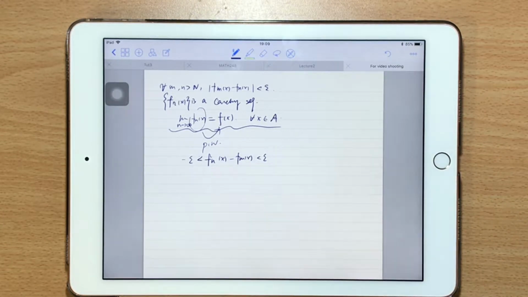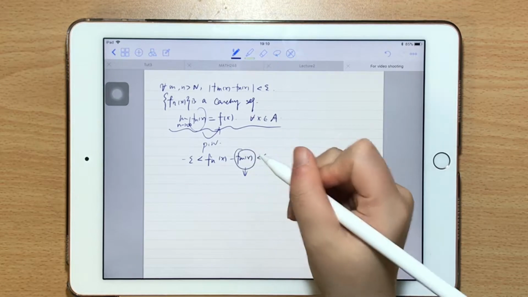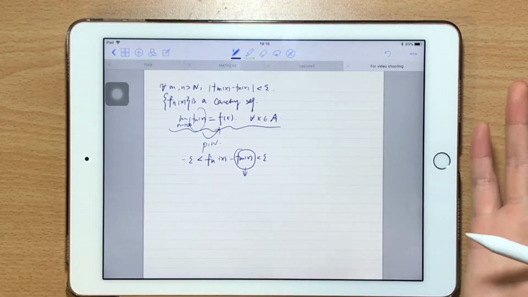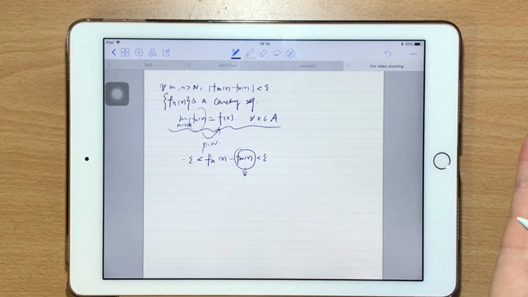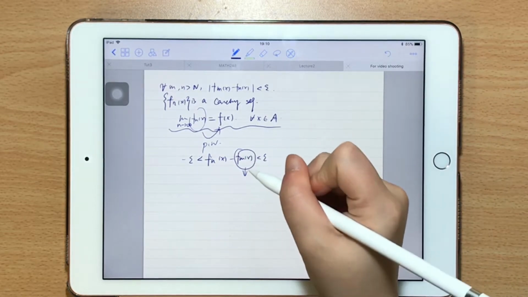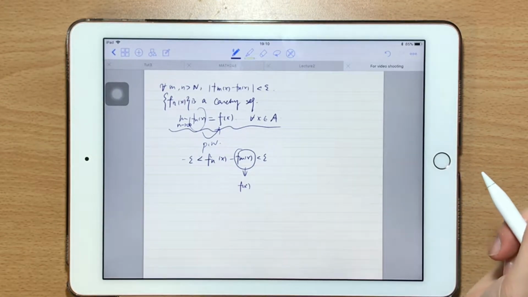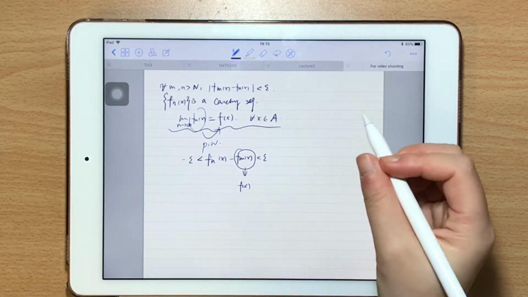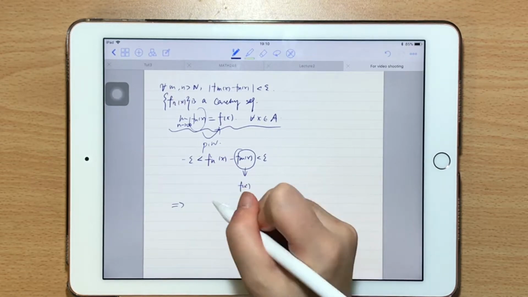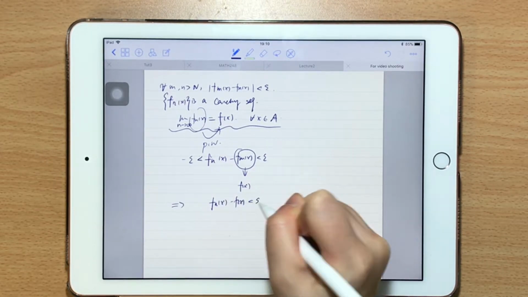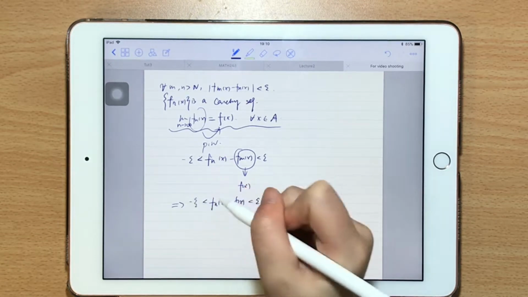If we take the limit of f_m(x), which goes to f(x), the inequality becomes f_n(x) minus f(x) is smaller than epsilon and larger than minus epsilon, right?